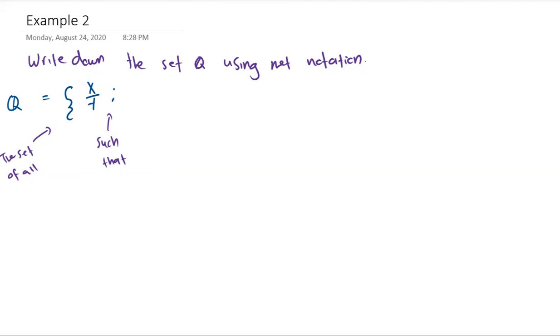So what are the properties that make this a rational number? If you haven't seen this definition before, then you don't know what it is. So let me just write it here. It's a defining property of these objects of the form X divided by Y. Well, X and Y are integers. So X is an element of the integers, Y is an element of the integers. And since Y is in the denominator, we don't want to divide by 0, so we say that Y is not equal to 0.